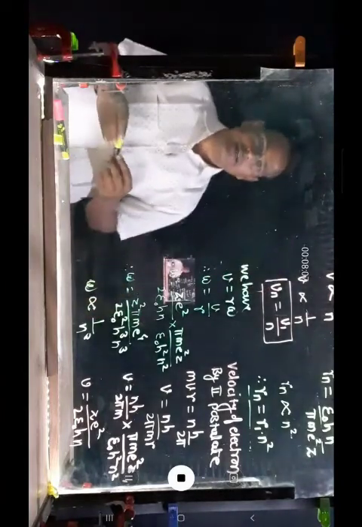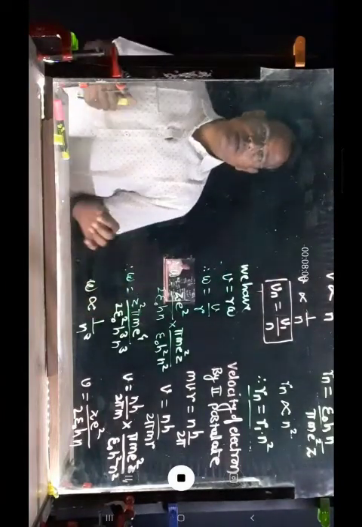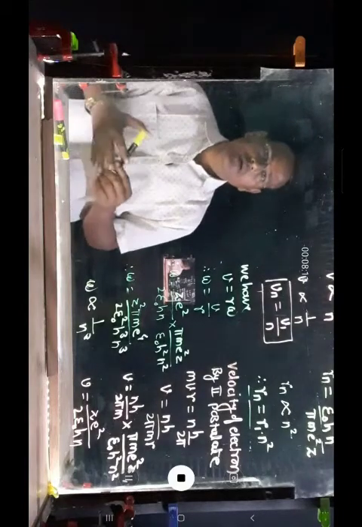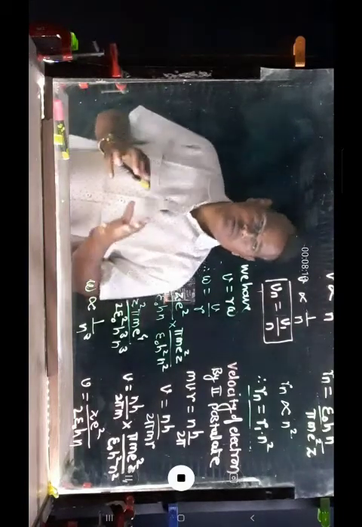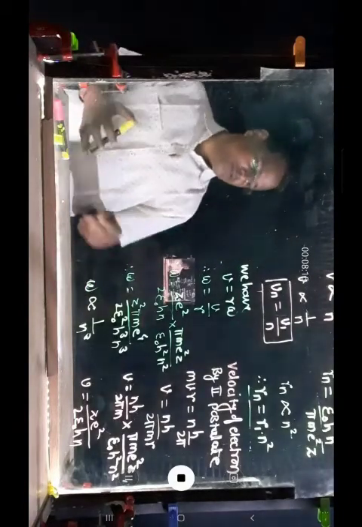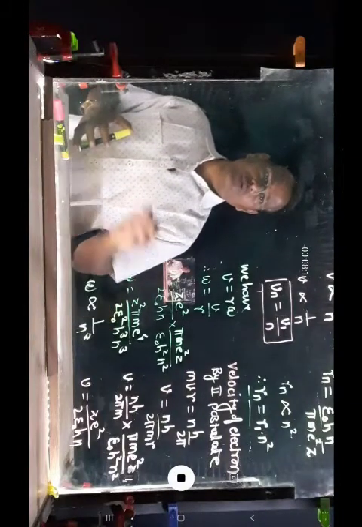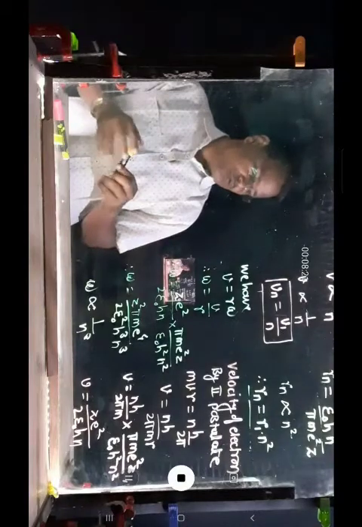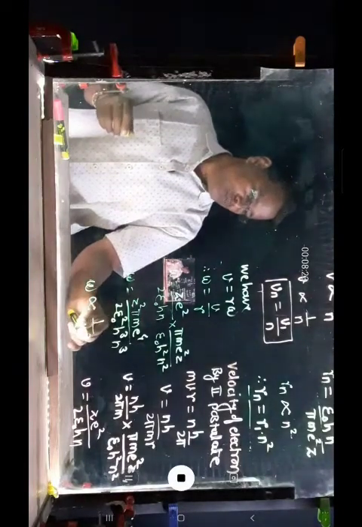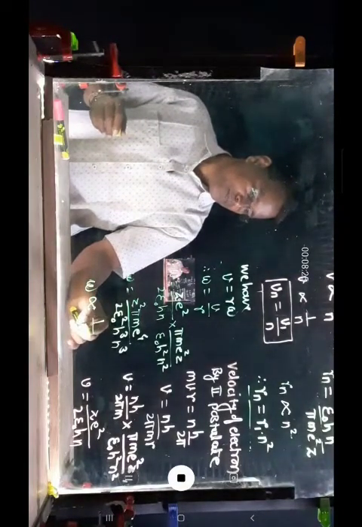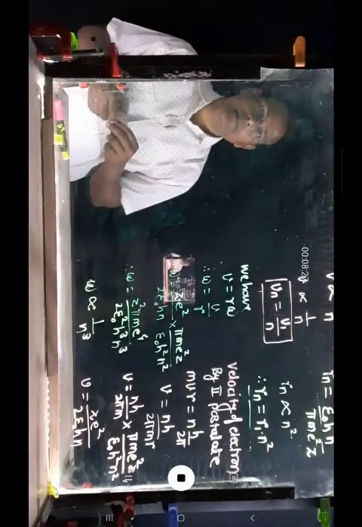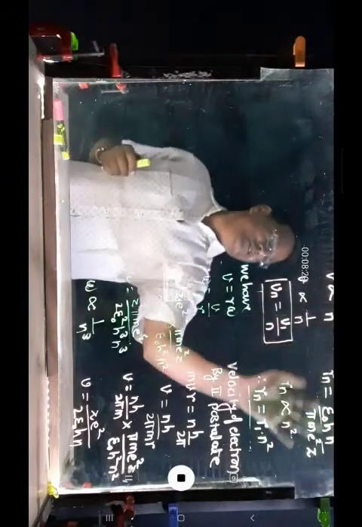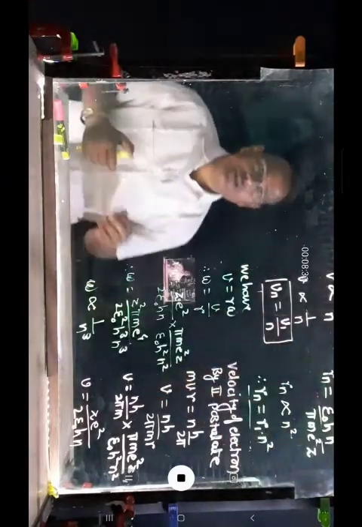So it is clear that the angular velocity of an electron in an atom around the nucleus is inversely proportional to the cube of its principal quantum number.